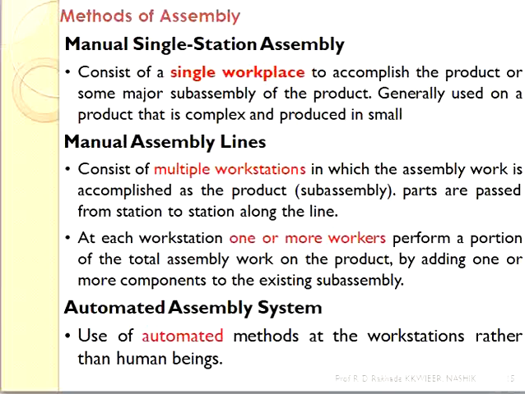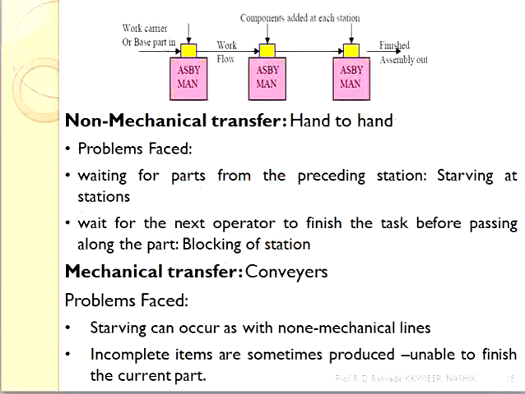Then automatic assembly system, where automatic methods are used, maybe robots or automatic machines. Then again there are two types of systems, non-mechanical transfer and mechanical transfer. Non-mechanical transfer means hand-to-hand, or use of human beings.